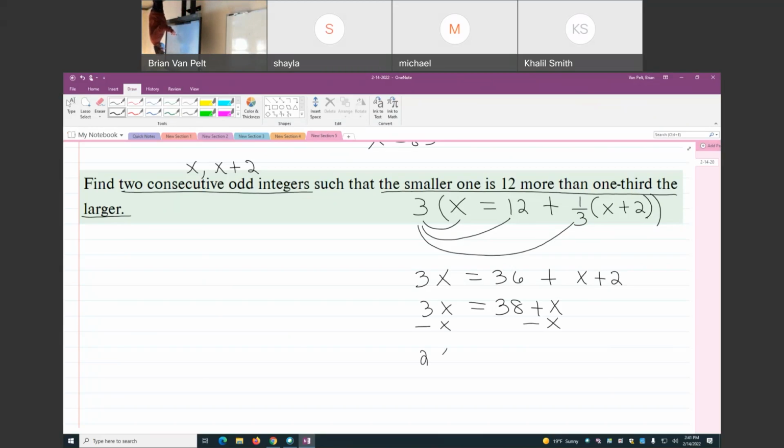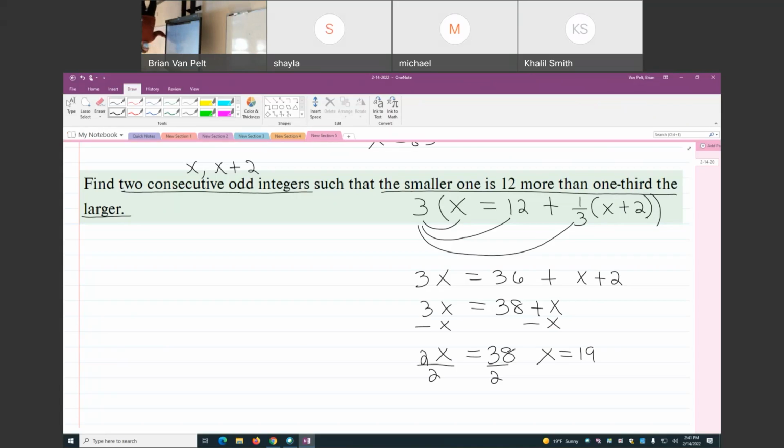So I get 2x equals 38. Now what? Divide by 2, we're almost done after that, practically done. And x is equal to 19, there's one of them.